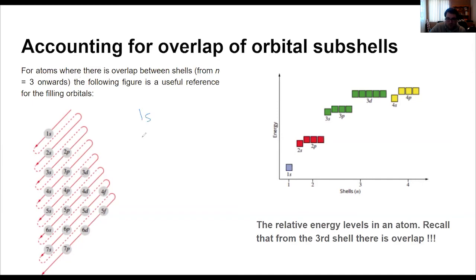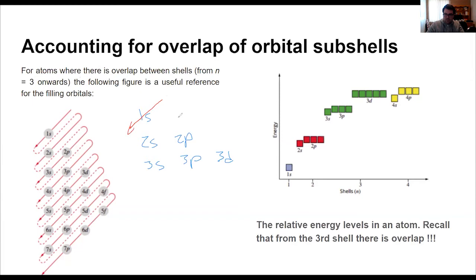So we've got your 1s, your 2s, your 3s. You've got your 2p, your 3p, your 3d. I'm only drawing part of it here, but basically, in terms of how these are filled, you just draw diagonal lines.